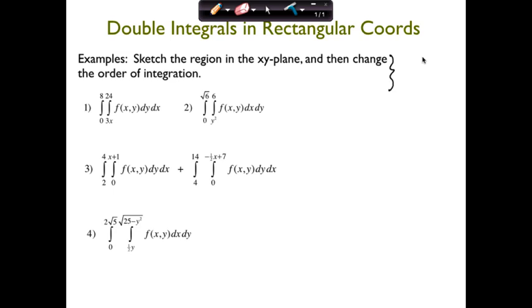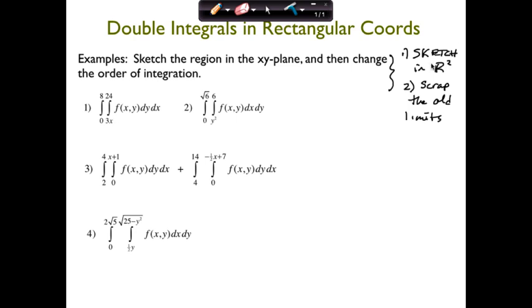Changing the order of integration means: 1, sketch in R2. Make sure you understand the region you're given. 2, scrap the old limits. Don't try to change the order by looking at these numbers.